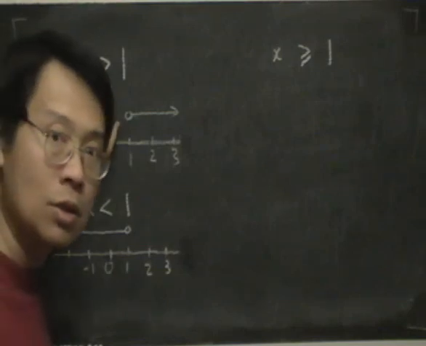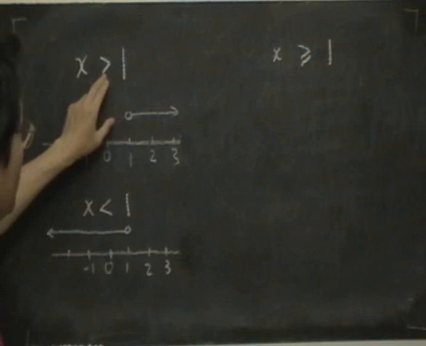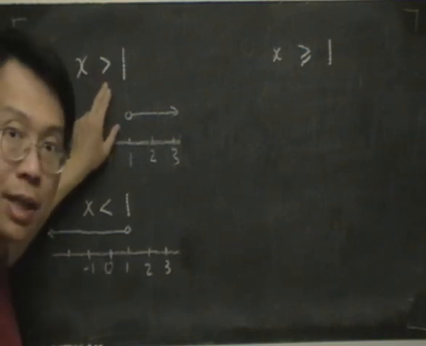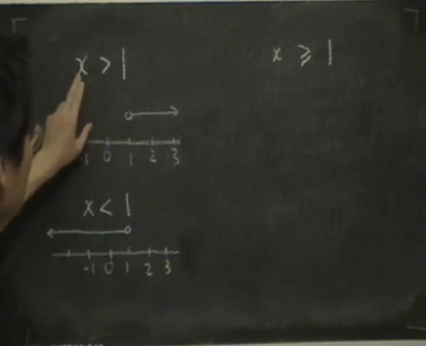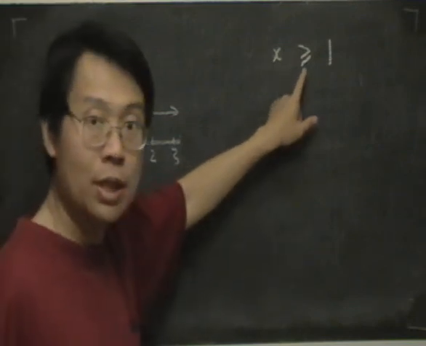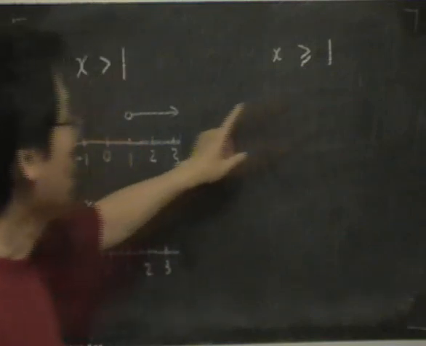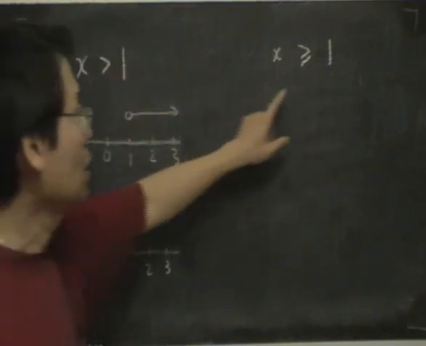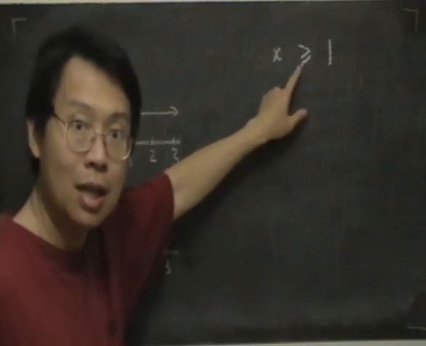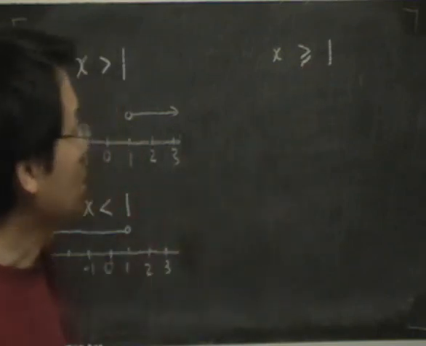The first inequality here has a greater than sign. So this means x is greater than 1. Now, what I have here is slightly different. If you compare the two, you see that there's an extra line below this inequality.